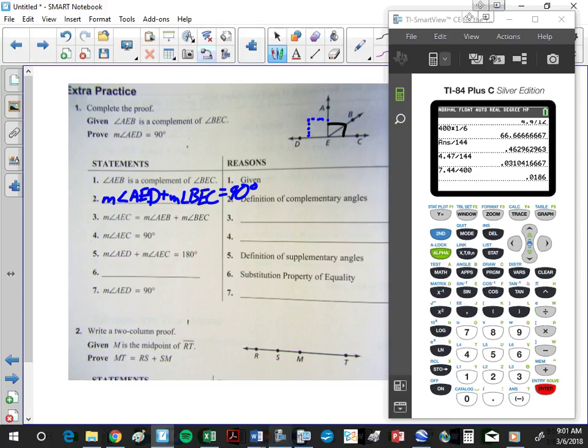That's what it means to be complementary. So the given is that they're complementary, and our step 2 says if they're complementary, then they add up to 90. Okay? Well, this says that the measure of angle AEC is equal to AEB plus BEC. How do I know that this angle is equal to this angle plus that angle?